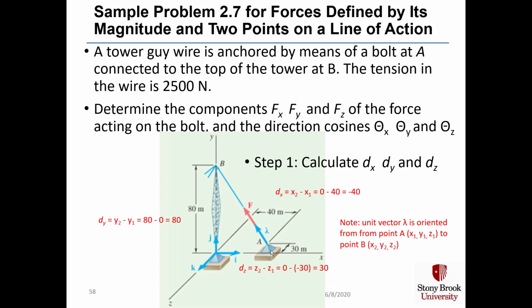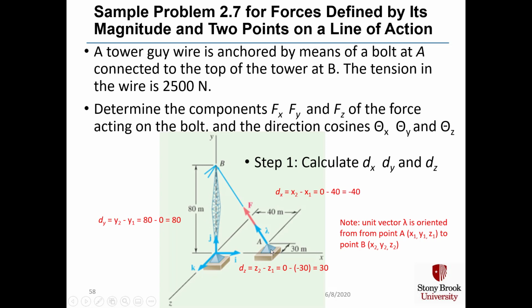And our first step in defining F is to calculate dx, dy, and dz. dx equals x2 minus x1, which is the x-coordinate of point B minus the x-coordinate of point A. Point B is at x equals 0. Point A is at x equals 40 meters. Therefore, dx is minus 40. dy equals y2 minus y1. Point B is located at y equals 80 meters.